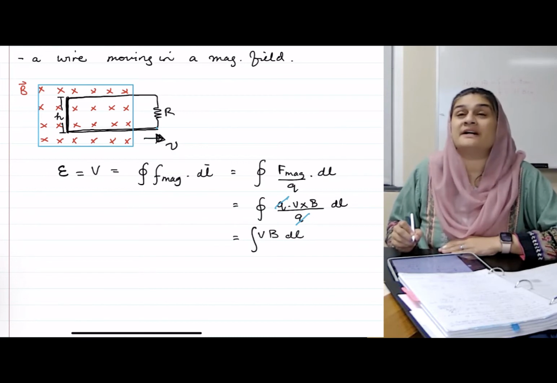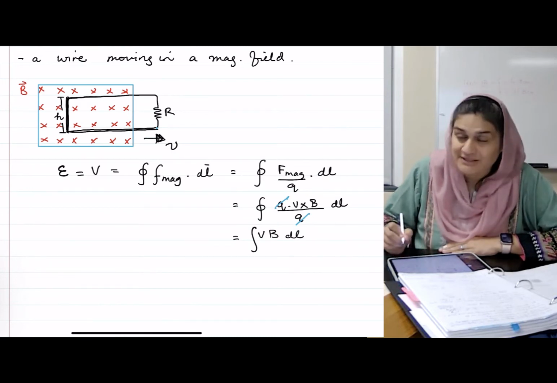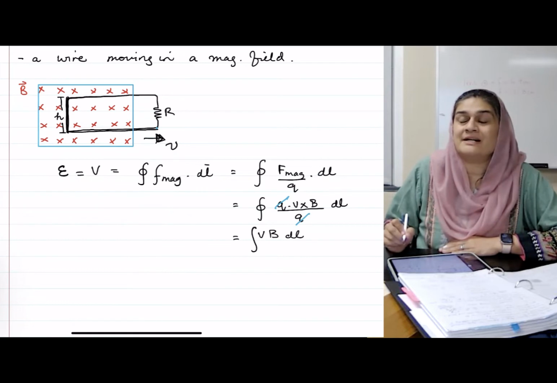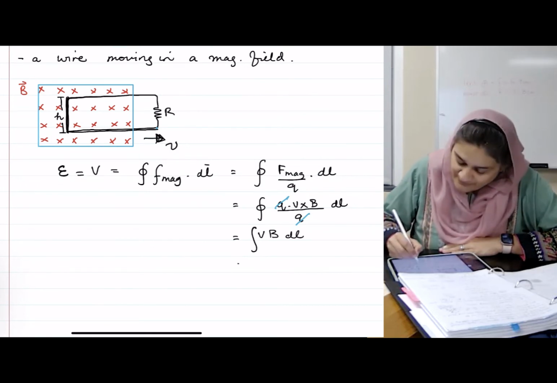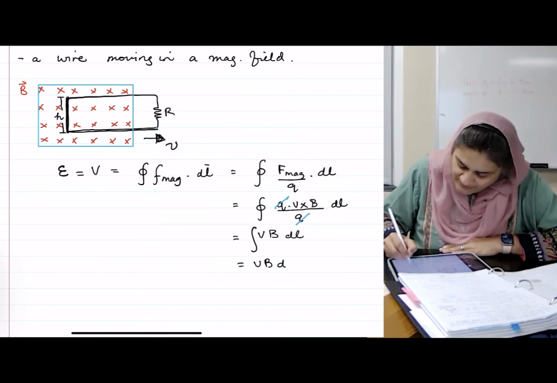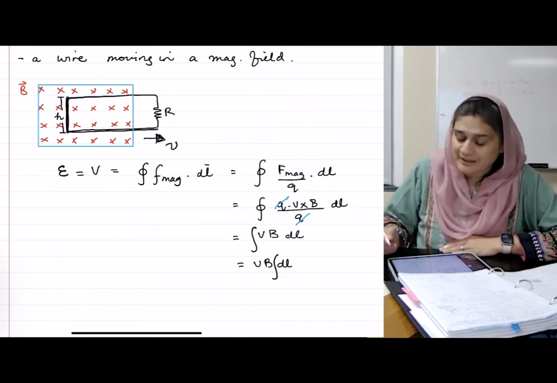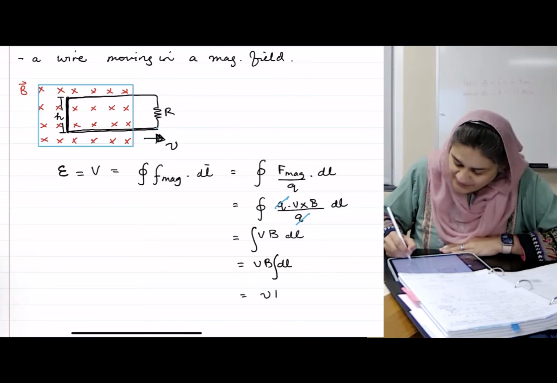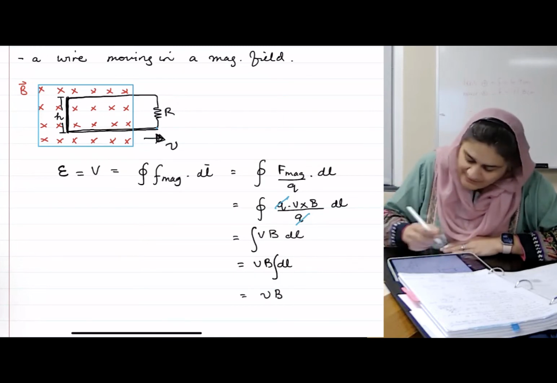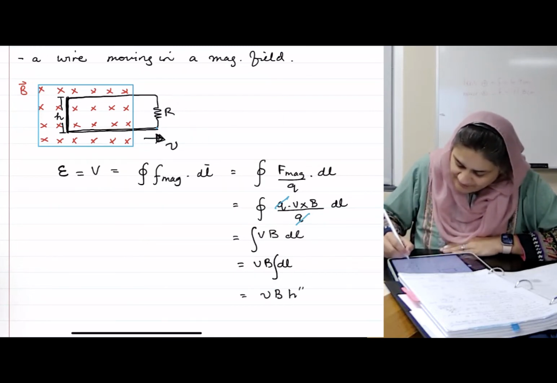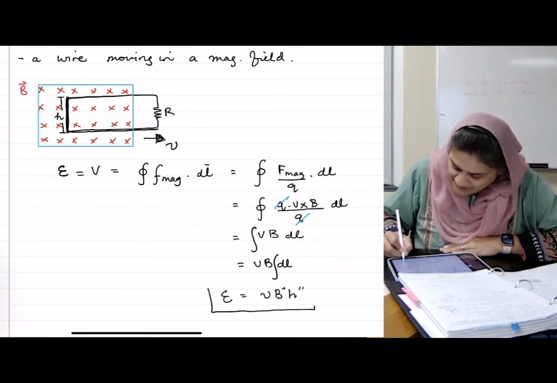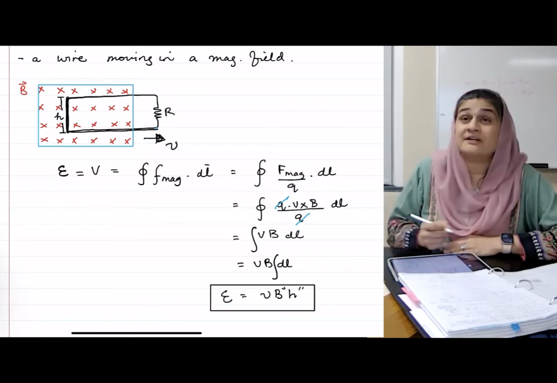if I am moving with a constant velocity, can I take it out of the integration? Is my B field constant? I can take that out of the integration. What am I left with? And we find that the only value that makes any difference is the length. So E, in fact, can be written as VBH.